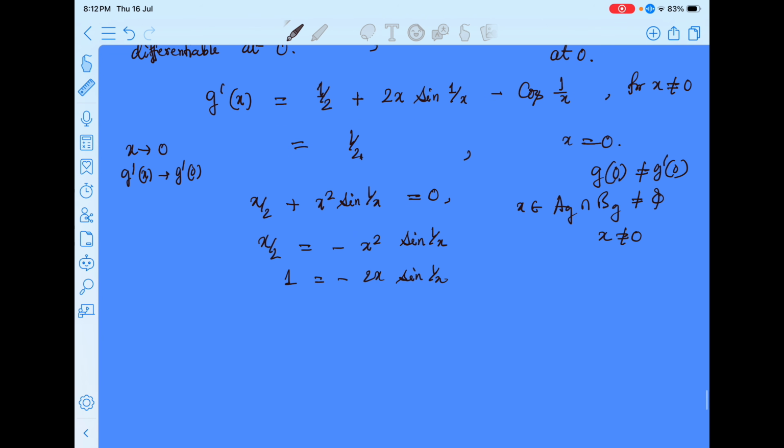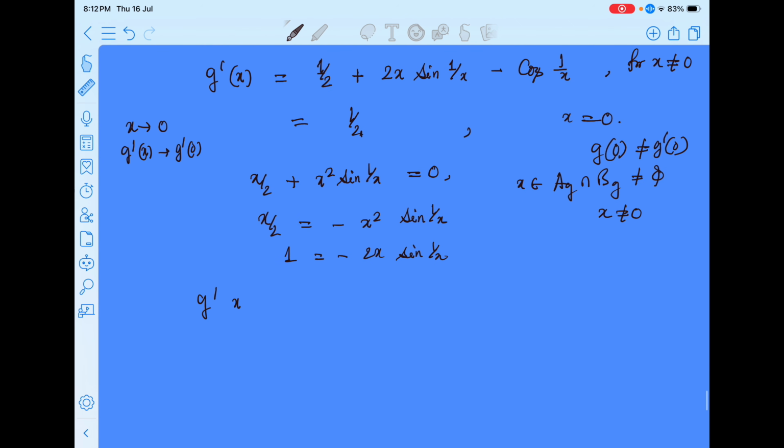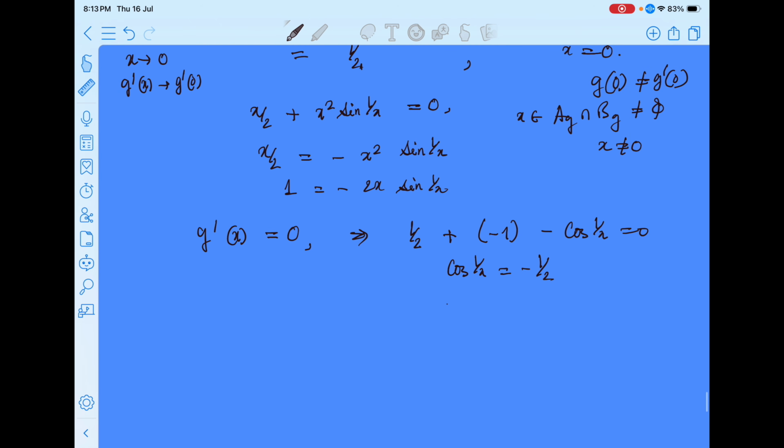Okay, so let us again assume that g'(x) equals 0 for the same x. That will imply the half, because x is non-zero here, right? Half plus minus 1, because 2x sin(1/x) is minus 1, minus cos(1/x) is 0, which will imply cos(1/x) equals minus 1/2. So from that you can say cos²(1/x) is 1/4.